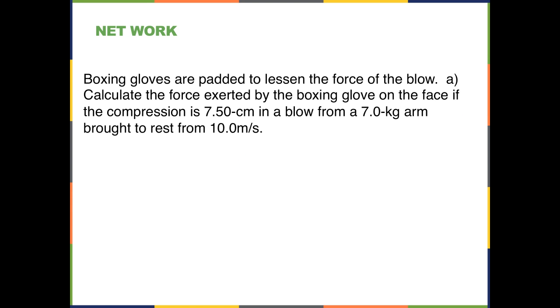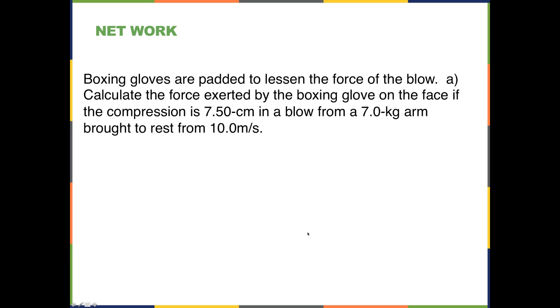So let's take a look at a problem and see what we can do with this. We have boxing gloves, and boxing gloves are padded in order to lessen the force of a blow. So calculate the force that's exerted by a boxing glove on the face if the compression of the padding is 7.5 centimeters in a blow from a 7 kilogram arm brought to rest from 10 meters per second.